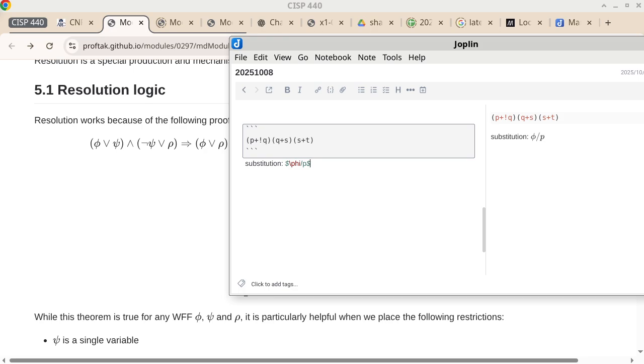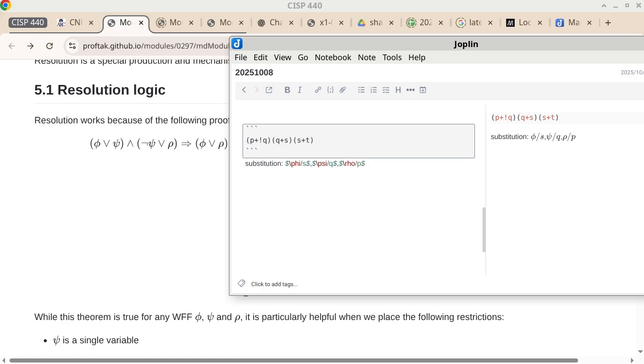We are replacing phi with P, and then replacing psi with Q, because that's the one that is negated on one side but not negated on the other side. Actually, I take it back, because we have to use S over here. One more substitution: the last is rho. Let's replace rho with P. Now I think that will work.